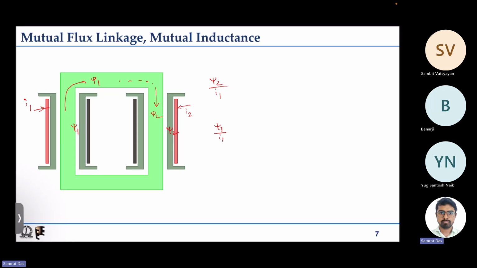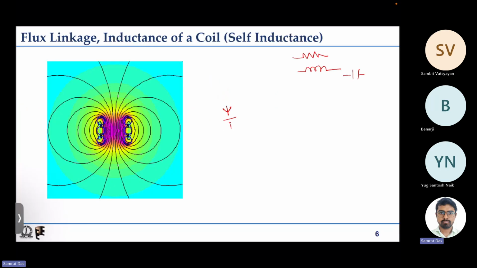The mutual flux linkage from coil 1 to coil 2, and from coil 2 to coil 1, if we do the math, they come out to be the same, and the number comes out as n1 n2 divided by the reluctance of the flux path. And again for the self flux linkage, say n1 is the number of turns, so n1 square divided by the reluctance of that flux path is the self inductance.